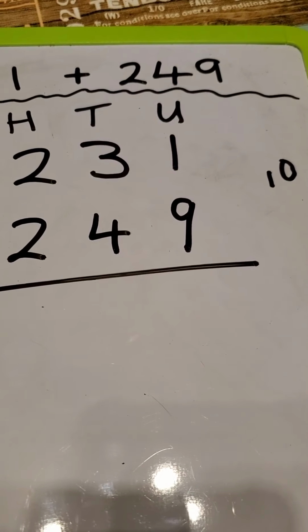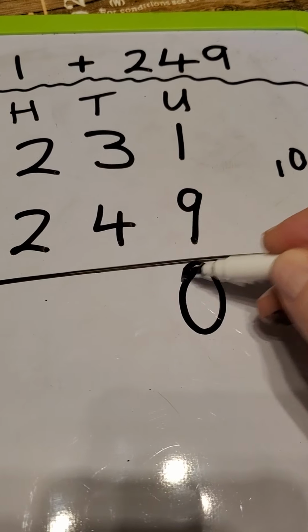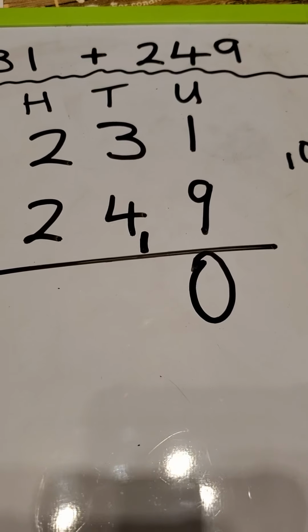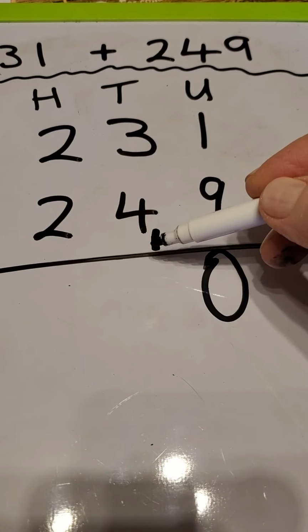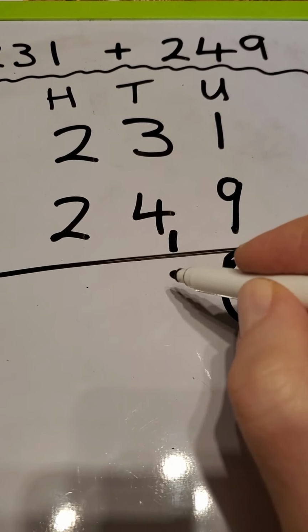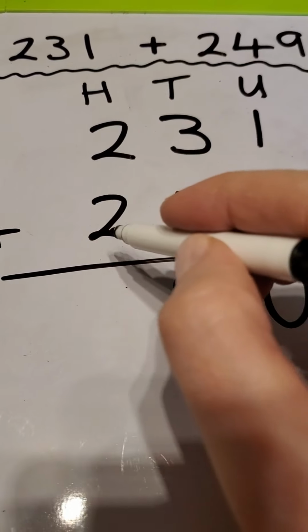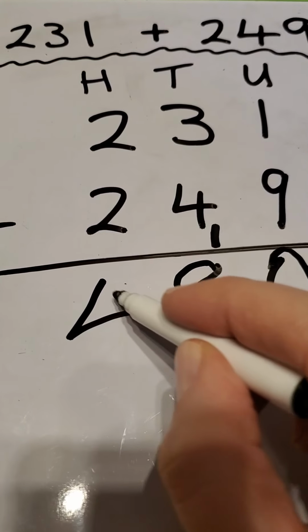It can only be in the tens column. So we'll put the 0 down here for no units because the 10 is going next door. So we put an extra 10 in the tens column. So now we have 3 tens, 4 tens and 1 ten. How many tens is that all together? 8. Very good. And 2 and 2 makes 4, which we know is really 400.